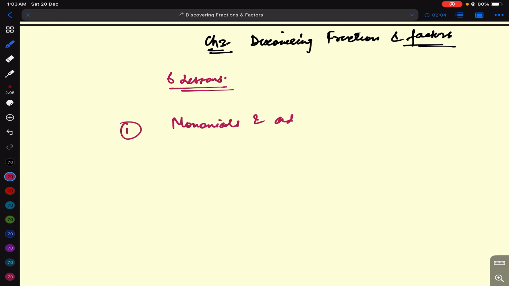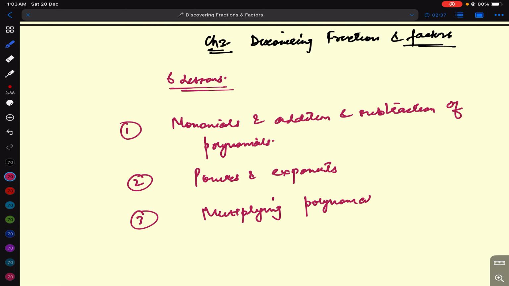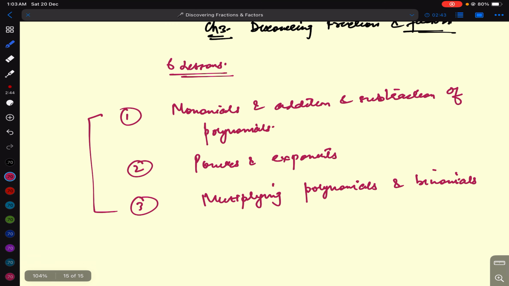The second lesson was powers and exponents. The third is multiplying polynomials and binomials. So these 3 lessons we have covered as part 1 of the chapter number 3 video.